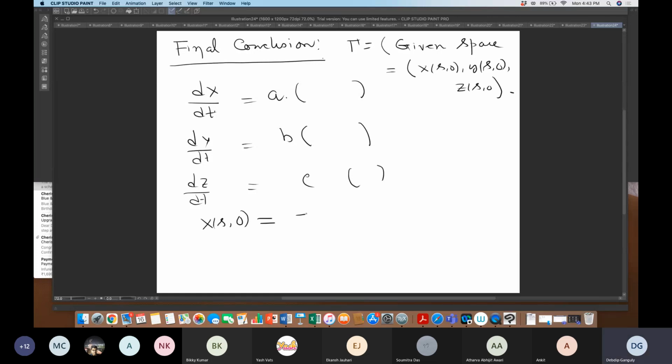Under the assumption, x of s,0 is f of s, y of s,0 is g of s, and z of s,0 is h of s.